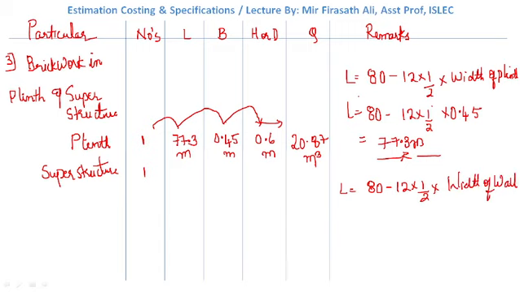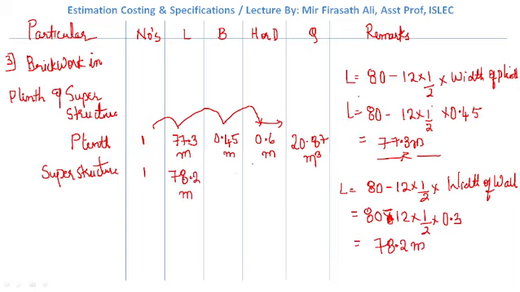What is the width of wall? 80 minus 12 into 1 by 2 into 0.3, since the width of wall is 30 centimeter, which is 0.3 meters. If we calculate this, the length will be 78.2 meters. Substitute it over here.